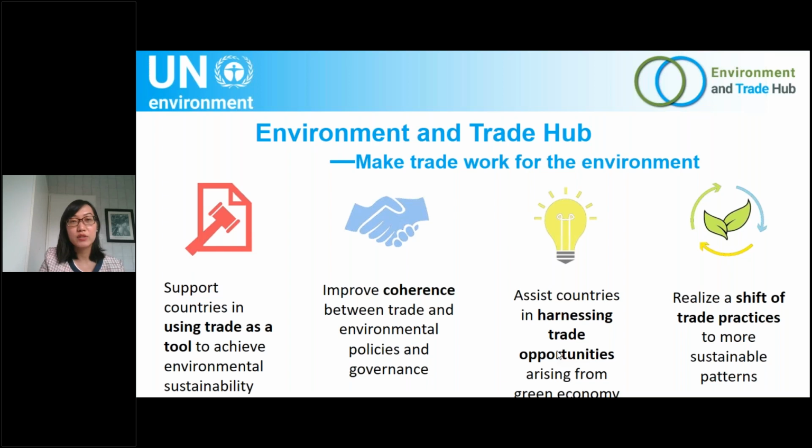The hub was launched in 2015 with 4 objectives listed here, including using trade as a tool to support environmental sustainability and improve policy coherence, help countries harness their trade opportunities, and also to realize a shift to more sustainable patterns.